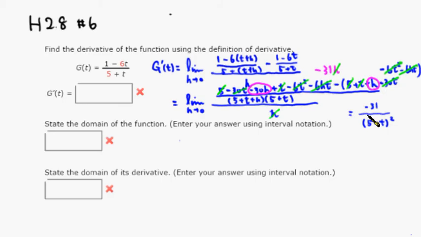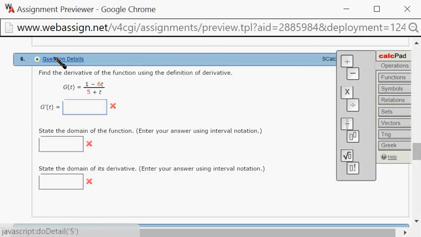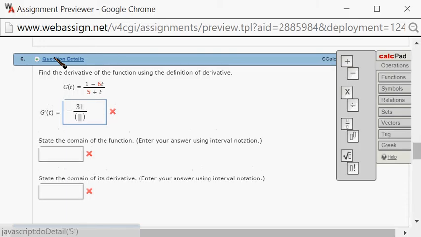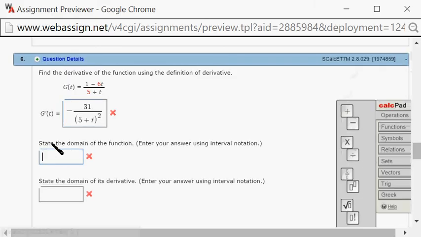Alright, so let's type it in. This was negative 31 divided by the quantity 5 plus t squared. The domain of a function is easy, in interval notation.